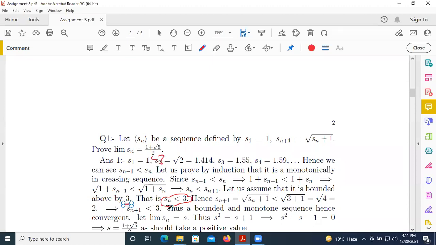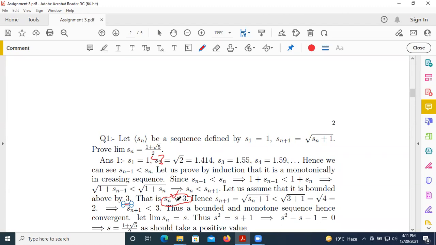For n is equal to k, we assume that Sn is less than 3. Now by mathematical induction, we prove that Sn plus 1 is also less than 3.